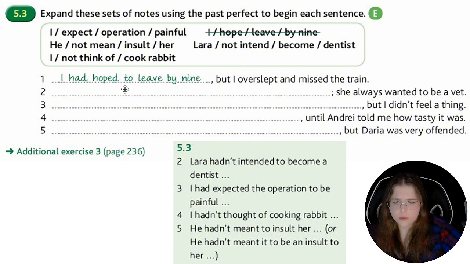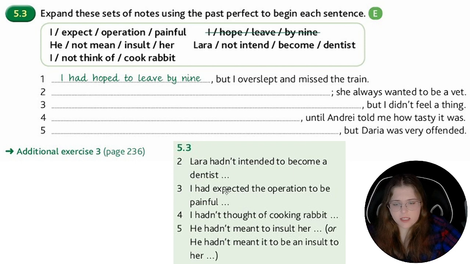The second: Lara hadn't intended to become a dentist. She always wanted to be a vet. She hadn't intended it before any moment in the past. It is completed. It was completed in the past, and she always wanted to be a vet.